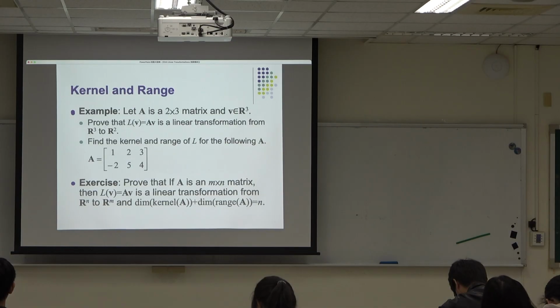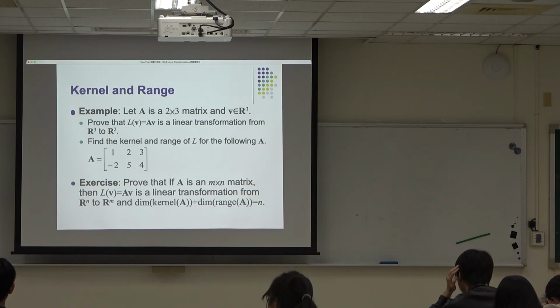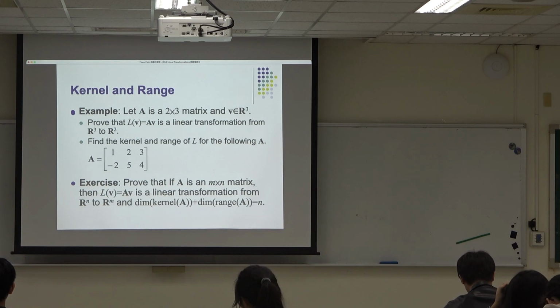So the important thing is L(αu + βv) equals A(αu + βv), which equals αAu + βAv. This is going to be αL(u) plus βL(v).